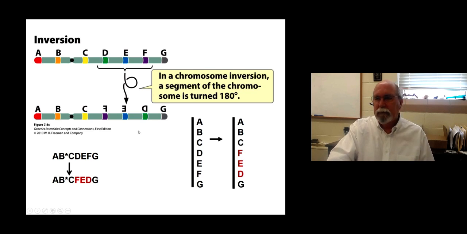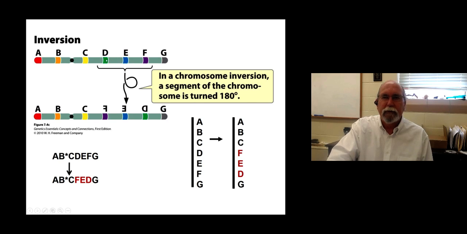Inversions can be relatively minor in the sense of their outcomes. If all the DNA is there and nothing has been a problem with the genes, then it's okay. If not, it can be extremely severe because let's say that C is part of the control region for the D and E genes, maybe.